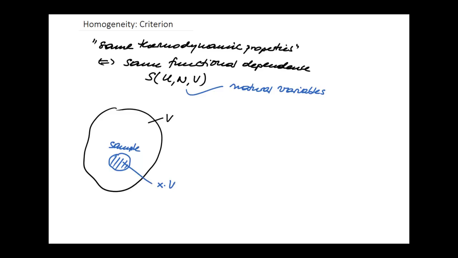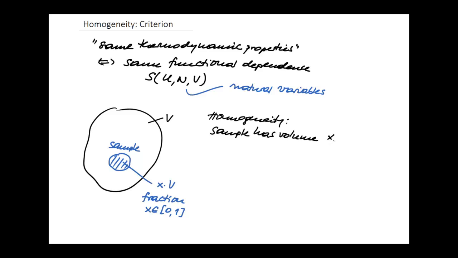And x, little x, is a fraction. It's a number between 0 and 1. So we take the sample as a fraction x of the entire system. Now, homogeneity means that if the sample has volume x times V, then it also should have a fraction x of the particles.